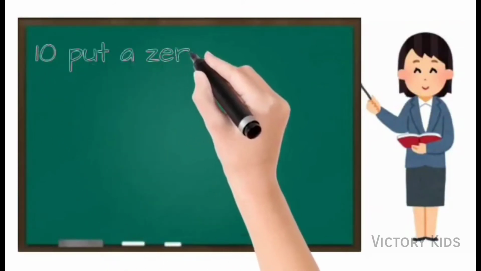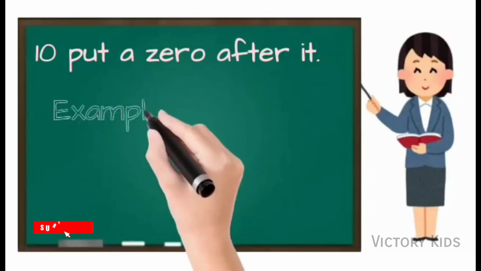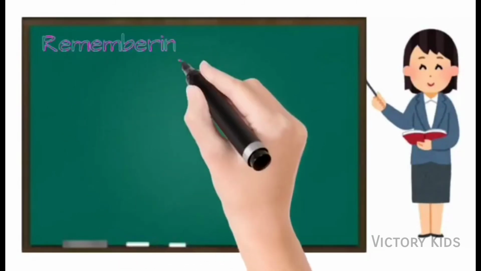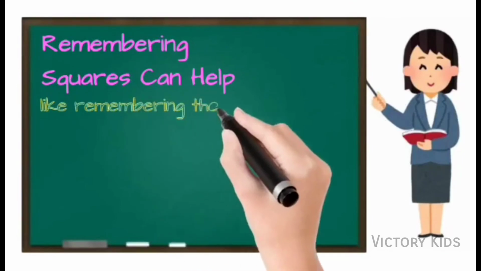For 10, put a 0 after it. Example, 10 times 2 equals 20. Remembering squares can help, like remembering the squares where you multiply a number by itself.